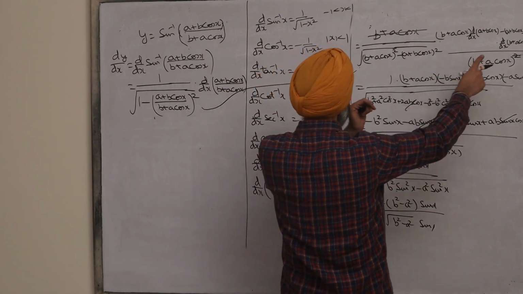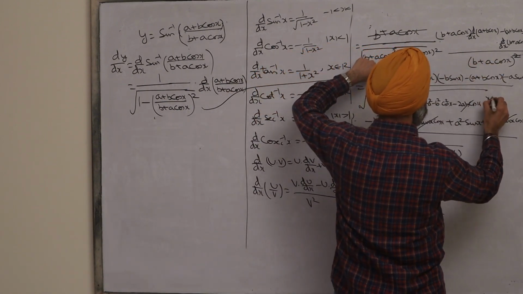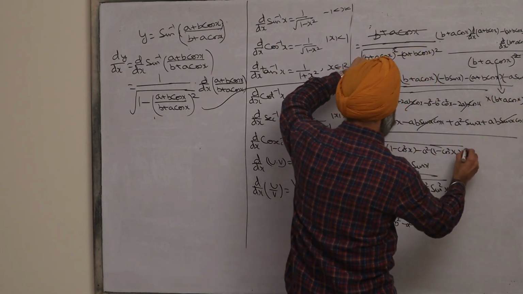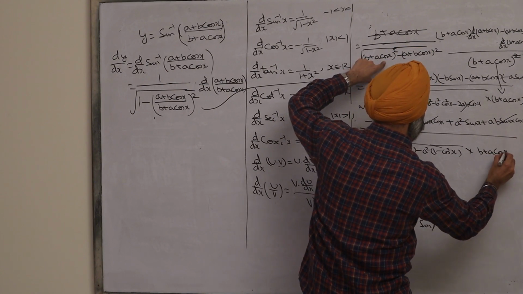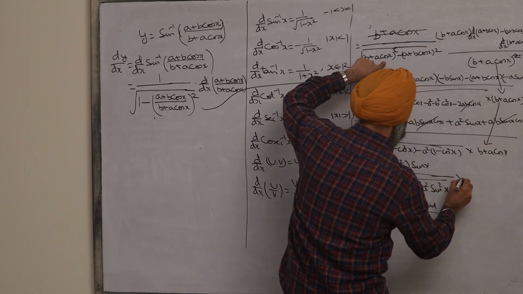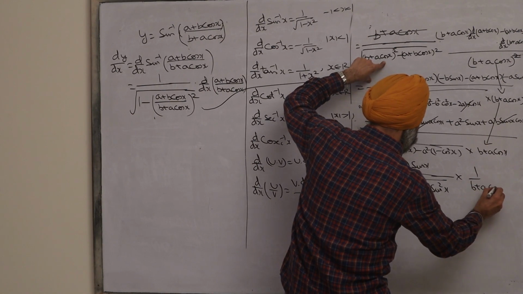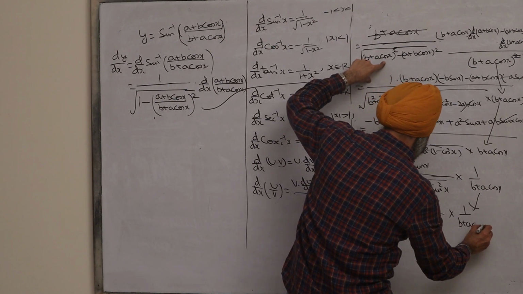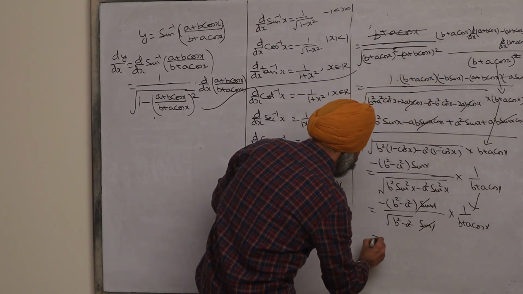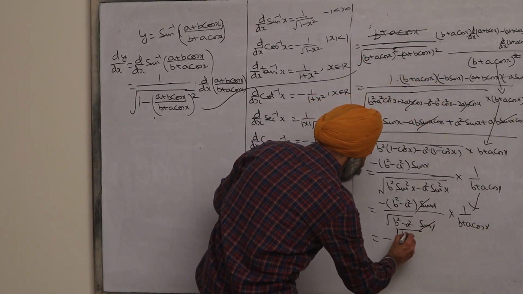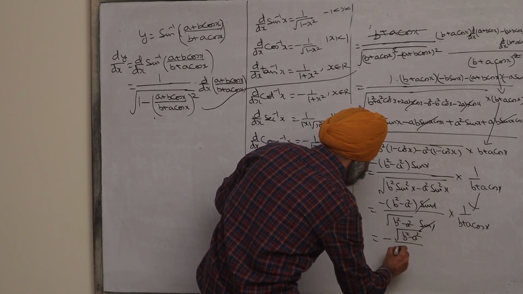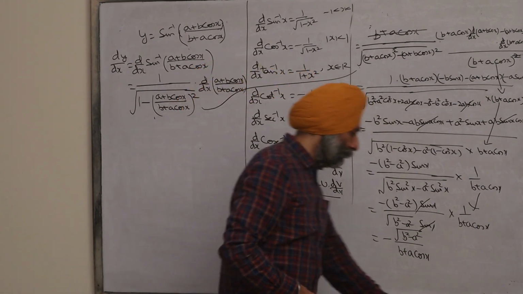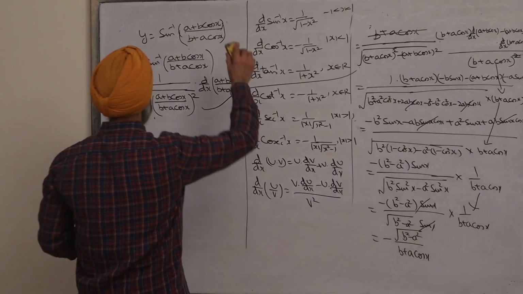Now you can see from here, in all these cases this term b plus a cos x is also going to be there, and this will cancel, so it is minus under root of b square minus a square upon b plus a cos x here. So this way you can differentiate the function here.